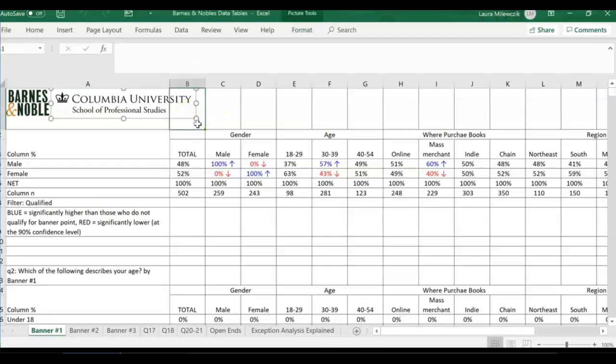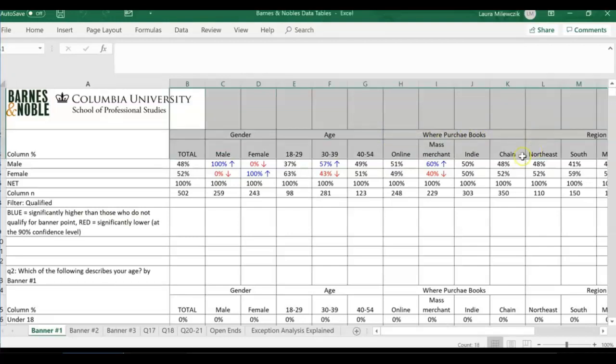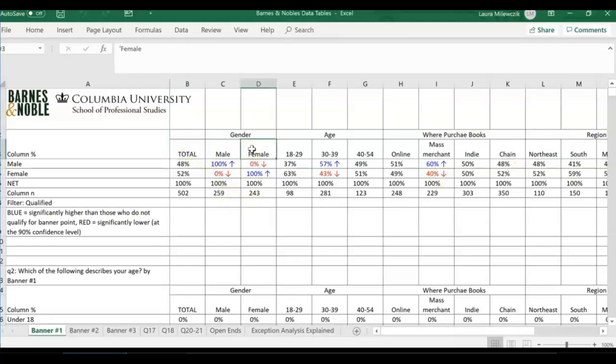Going across the top here, we have what we call a banner. Now, a banner consists of many different banner points, and these banner points are custom. The researcher decides what they want to run all of the data by.